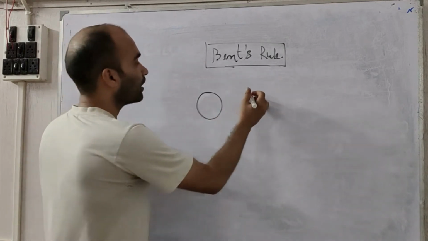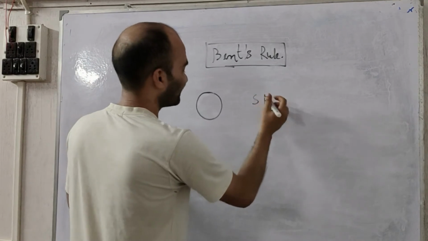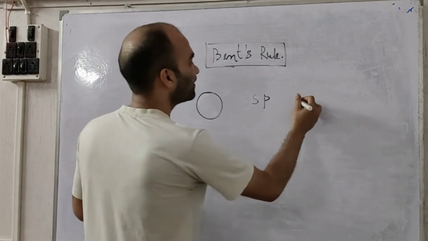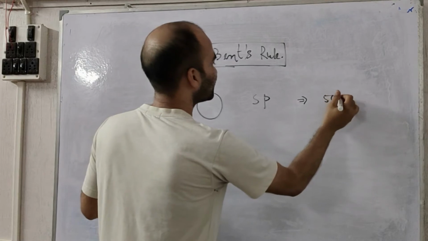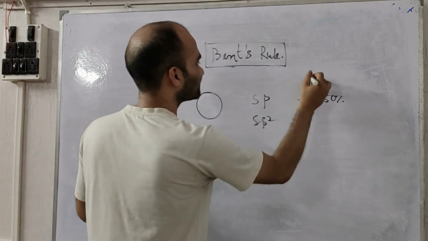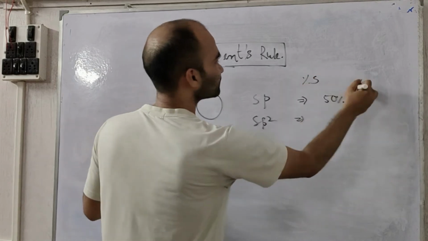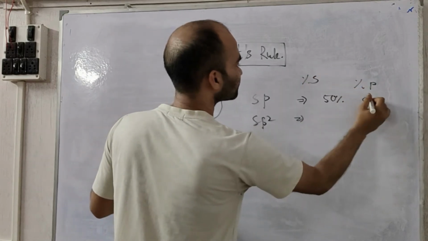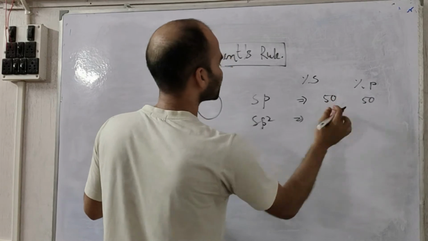Now how do we calculate the s character? In case of hybridization sp, s character is 50%.